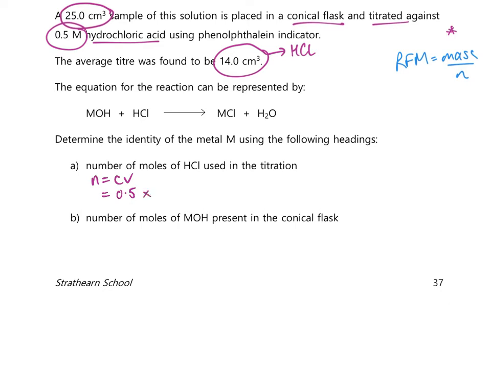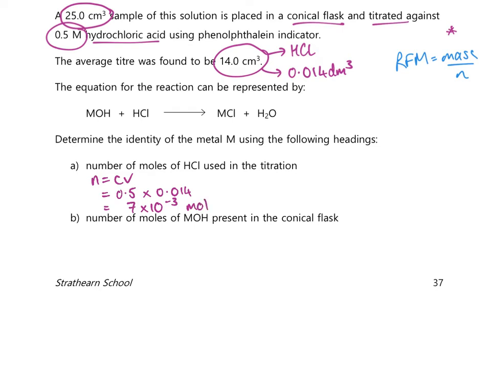The volume is your average titre, but we need to convert that into decimetres cubed, so you divide by 1,000 and that gives you 0.014 decimetres cubed. So it's 0.5 times 0.014. If you put that into your calculator, try and do it along with me, that gives you 7 times 10 to the minus 3 moles of HCl.